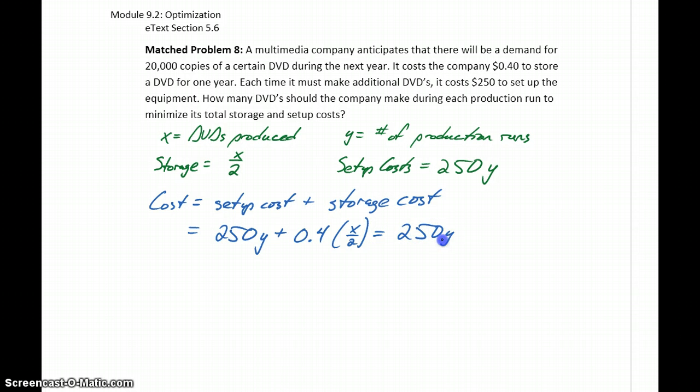So that'll be 250Y plus 0.2X is our cost equation that we want to minimize.